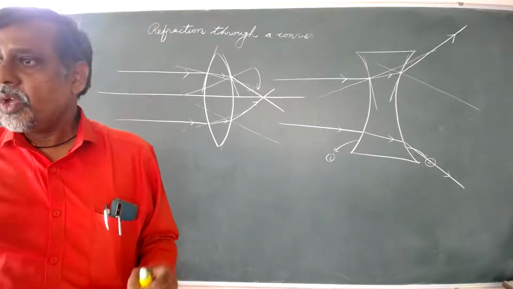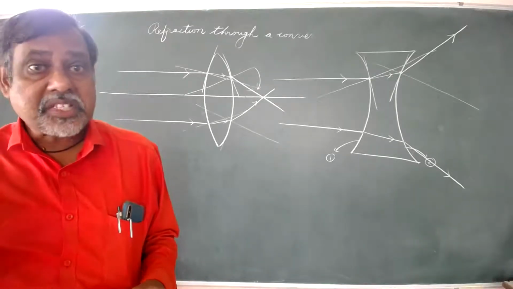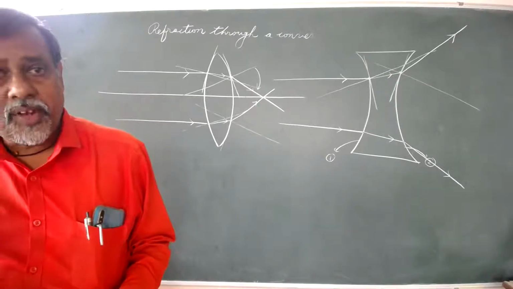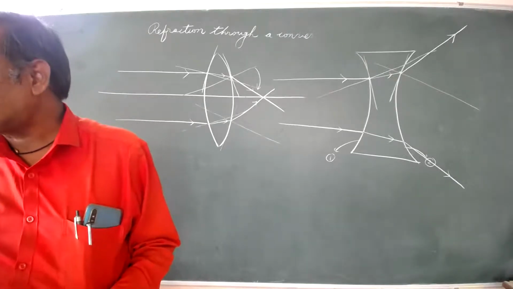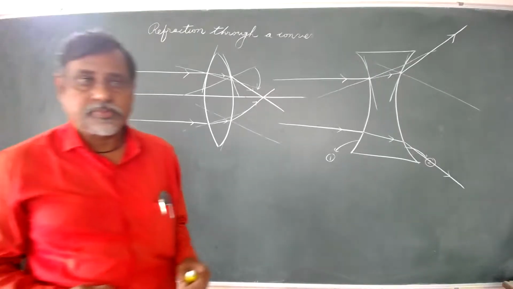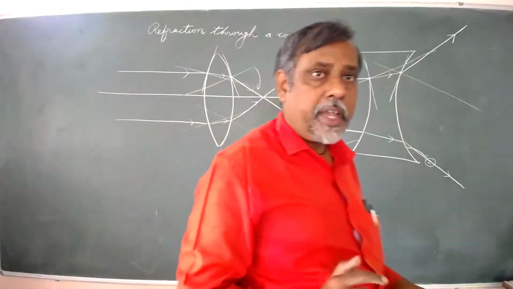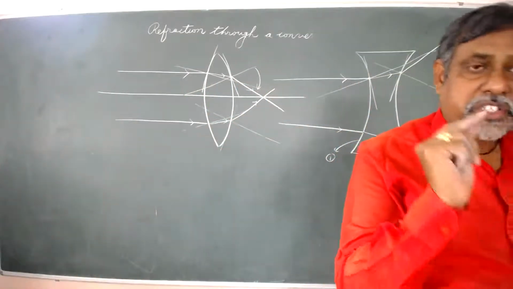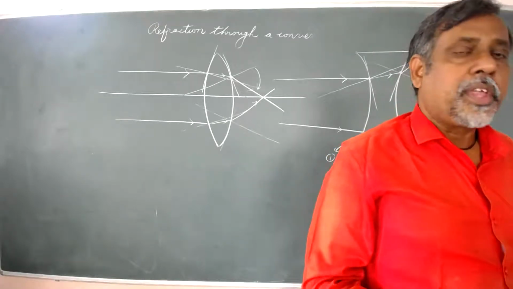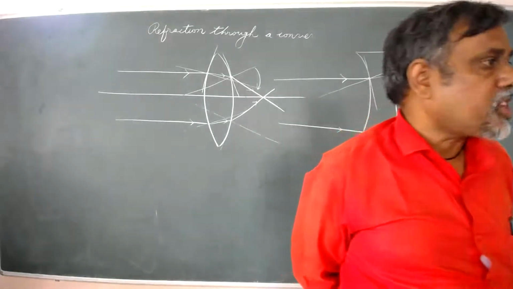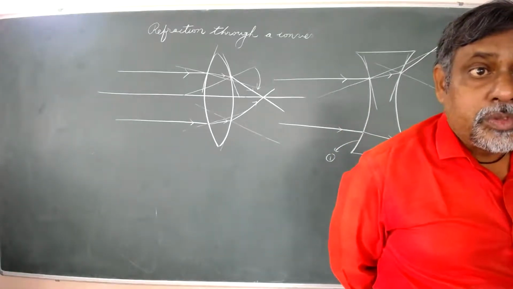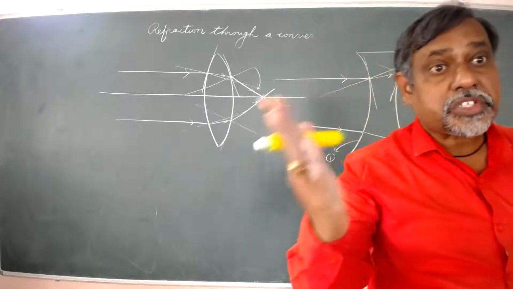Rule number two, when the incident ray itself is passing through the focus, the refracted ray will be parallel to the principal axis. Next, rule number three, when the incident ray passes through the center of curvature, the refracted ray will be passing through the center of curvature on the other side.